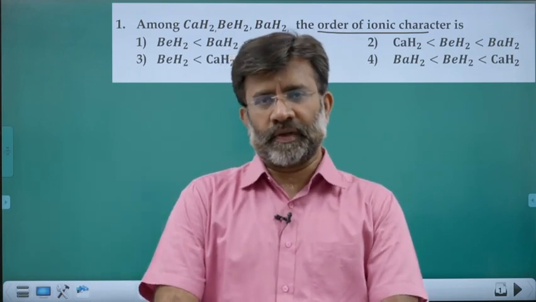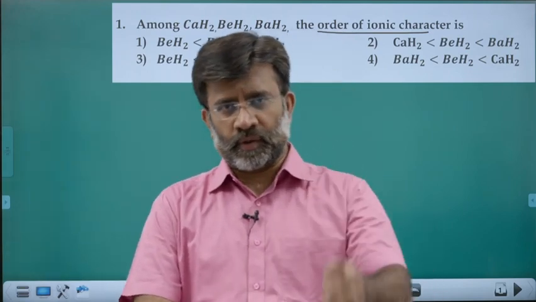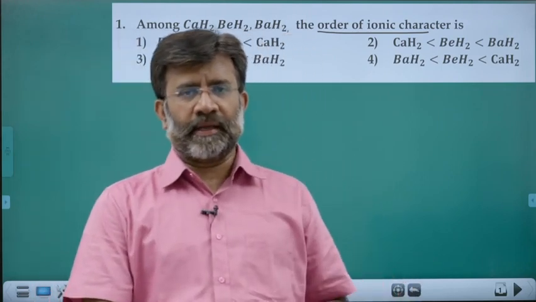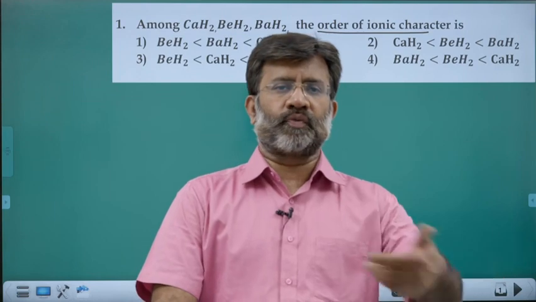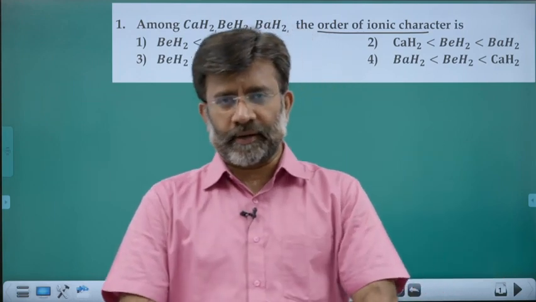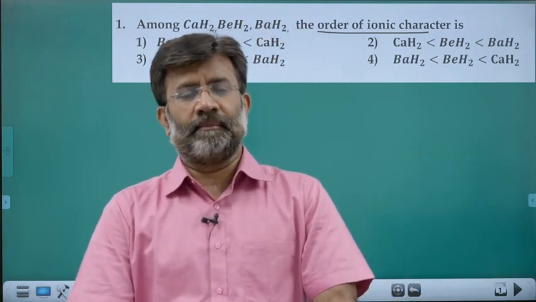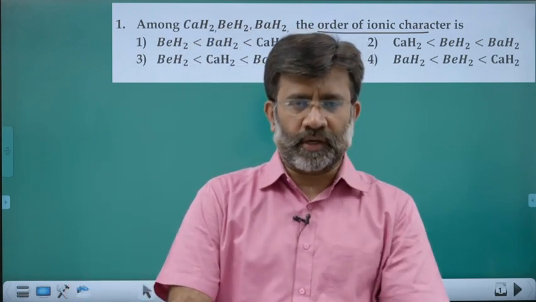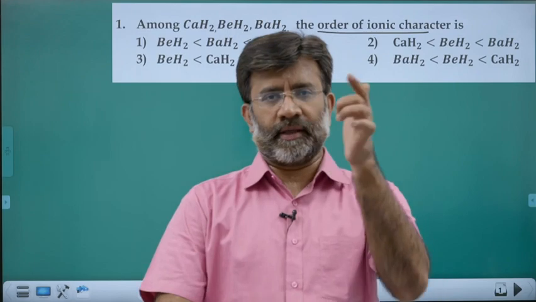As all of you know, whether group 1 or group 2, down the group, metallic character increases. So correspondingly, the ionic nature of the compounds will increase. So in hydrides also, as the metallic character increases, the electropositive character increases down the group, and the ionic character increases.